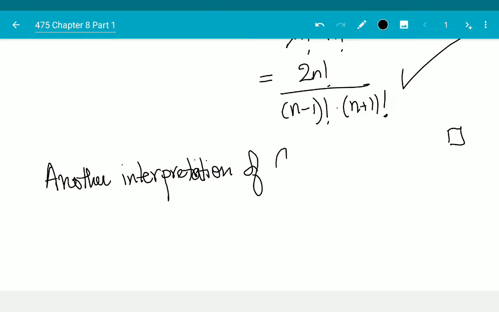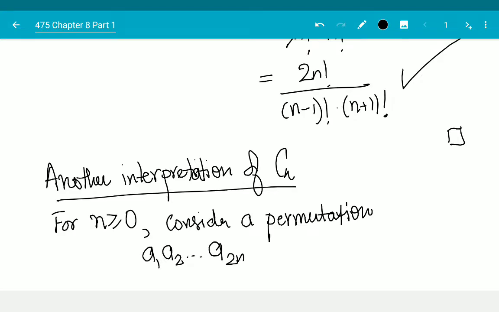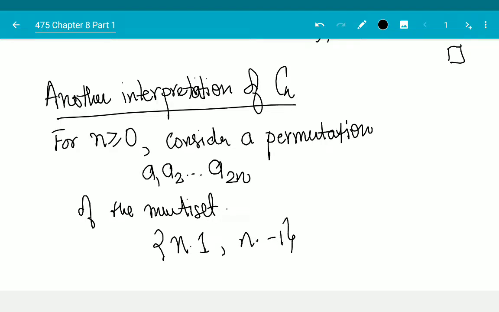For n greater than or equal to 0, consider a permutation a1, a2, through a2n of the multiset of n times 1 and n times -1.